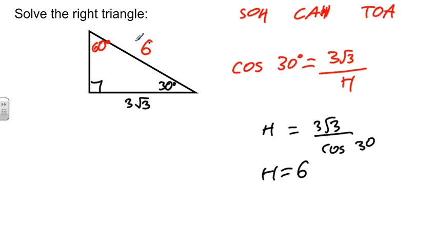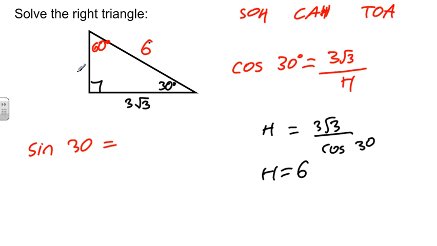Then to find the other side, since we have 2, you could either do the Pythagorean theorem, a squared plus b squared equals c squared, or we can just use one of the other ratios, sine or tangent, because both of those involve the opposite side, which we're trying to solve for. So let's go ahead and use sine this time.